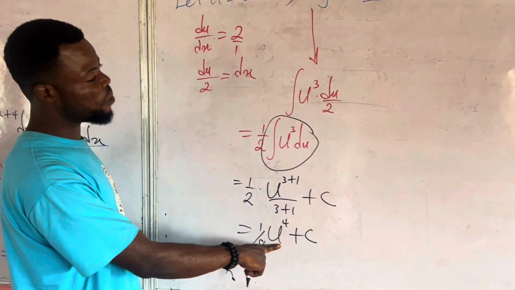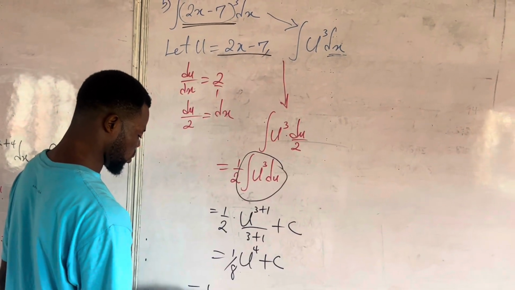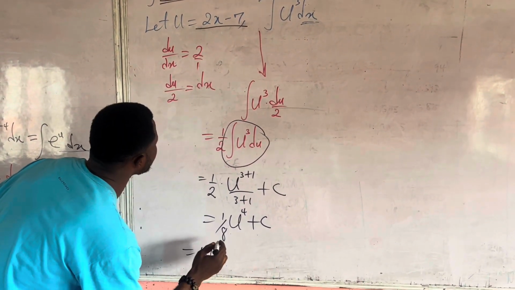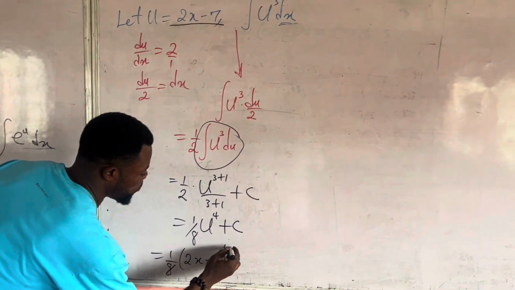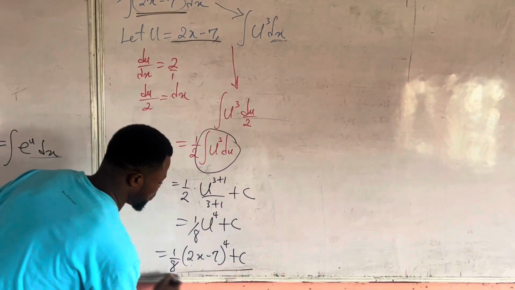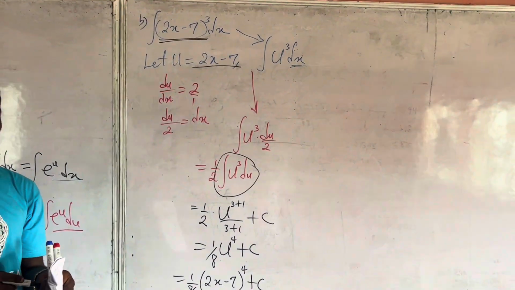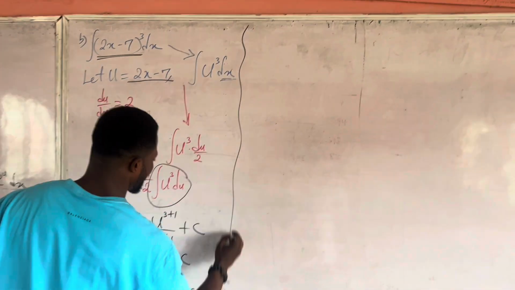Don't forget, our value of u is this, so instead of u we write 2x minus 7 all raised to the power of 4 plus c. So this is the integration of this, and that is how to integrate with that method.